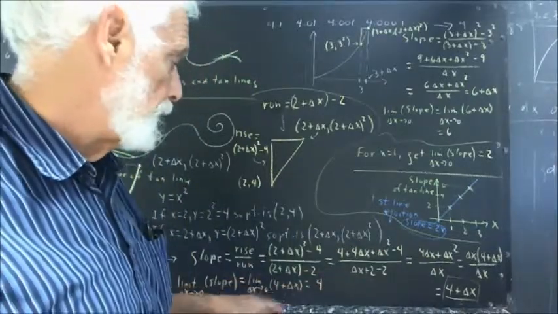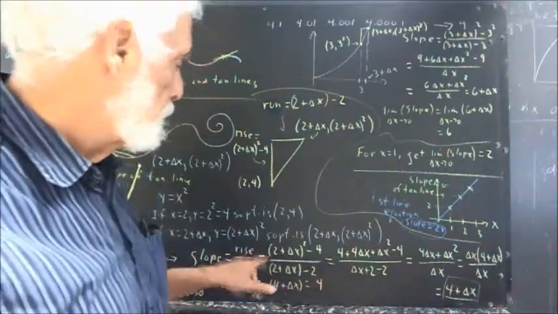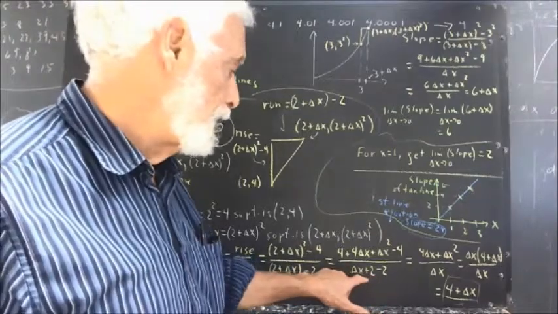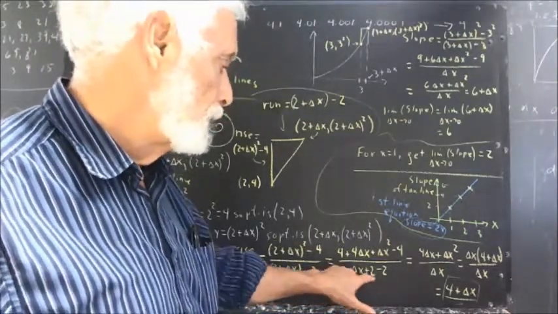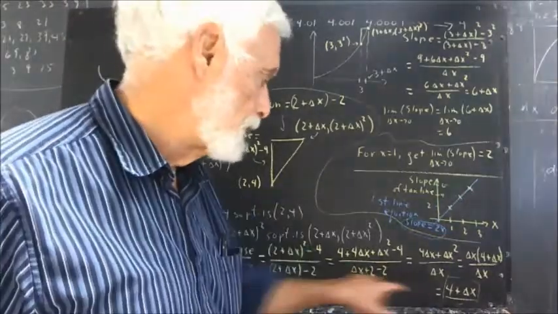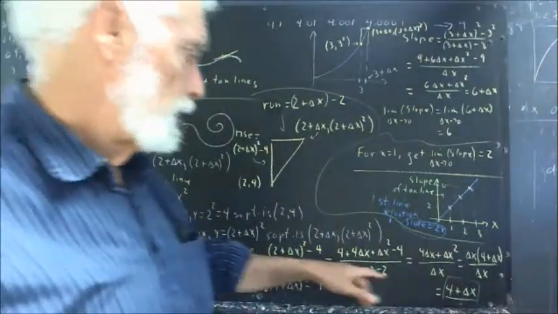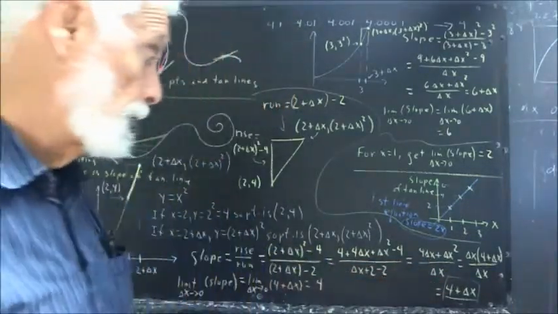And in the denominator, I can write 2 plus delta x as delta x plus 2. The parentheses aren't really necessary, so I can remove them. By changing the order, it's clear that we have delta x plus 2 minus 2, which is just going to give us delta x.